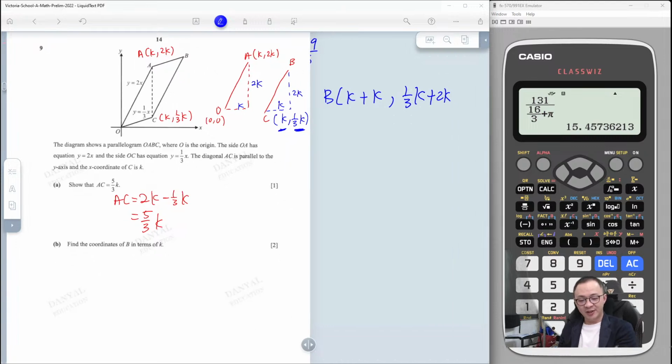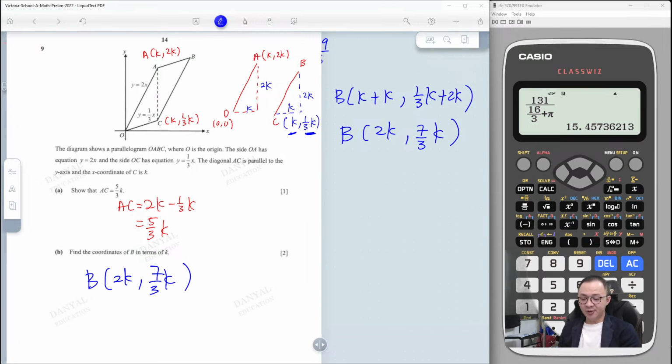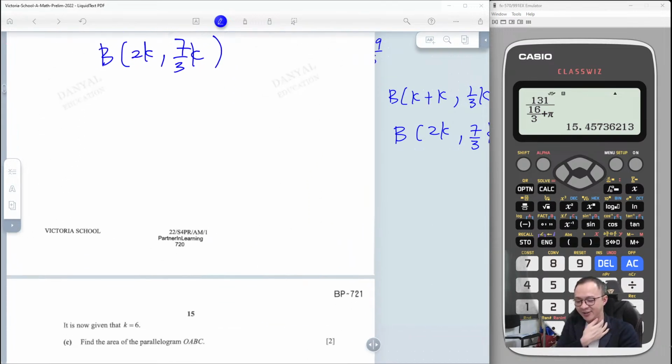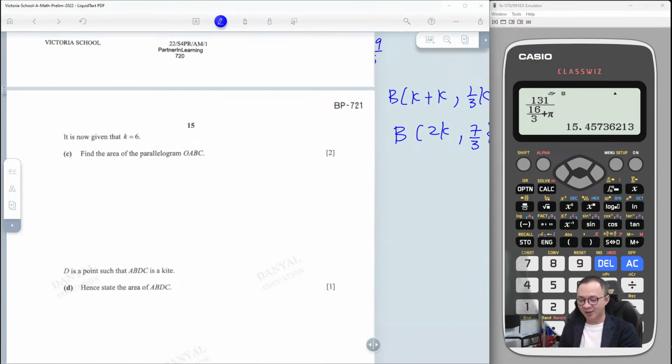So then I will just solve this one. My coordinate B is done: it is 2k, and this one should be 7 over 3k. Done. So this is my coordinate for B. If you can understand, it should be better doing it this way. I'm lazy to form the equation and do a lot of substitution.